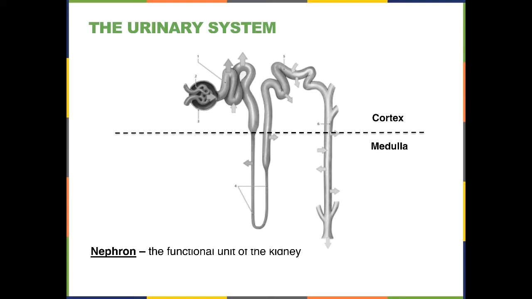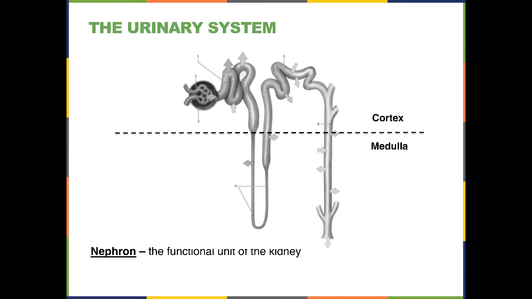This dotted line represents the division between the cortex and the medulla. The part of the nephron that's in the cortex is above the dotted line, and the part in the medulla is in the lower part.